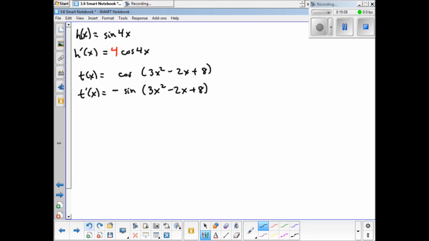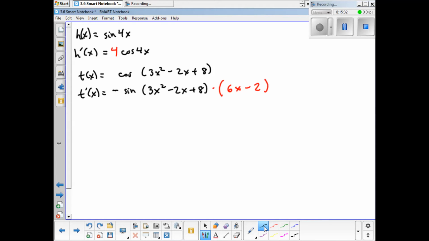So the derivative of cosine of something is negative sine of something, times the derivative of that something. Well, the something in this problem, we call it the u, is 3x squared minus 2x plus 8. So the derivative of that something is 6x minus 2. It is that simple.